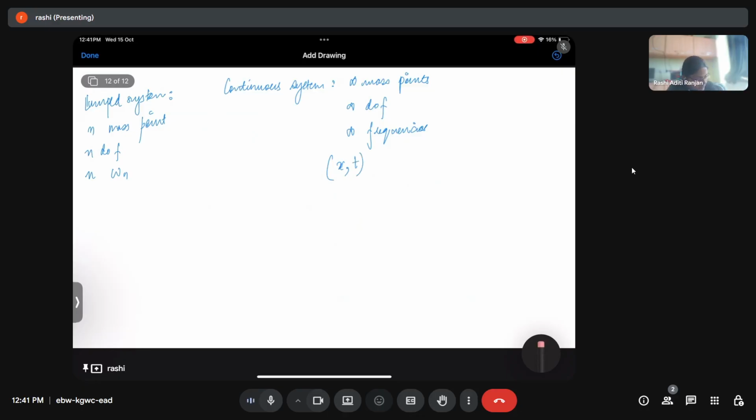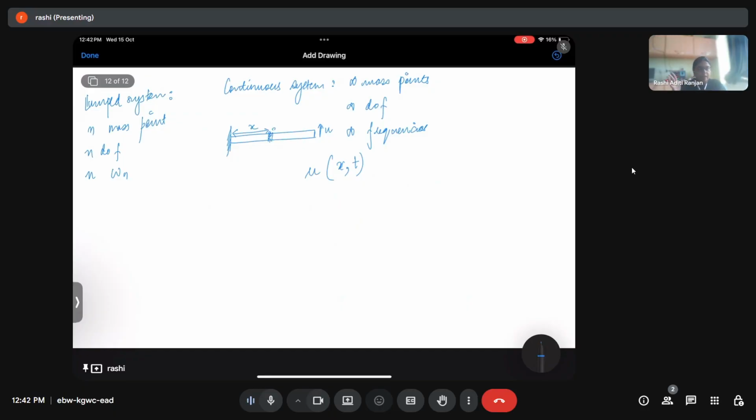Let us call it u. Like for a cantilever beam, u is dependent on what? Time and distance x. So this is a continuous system.